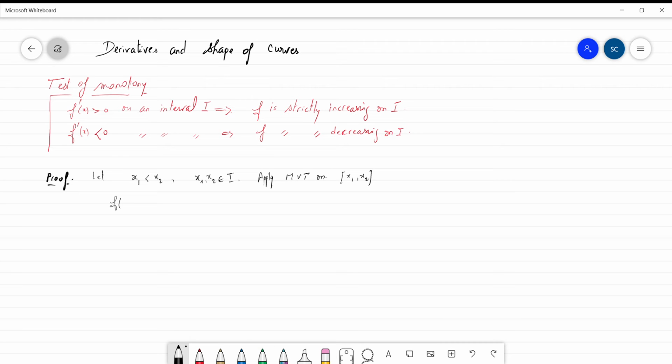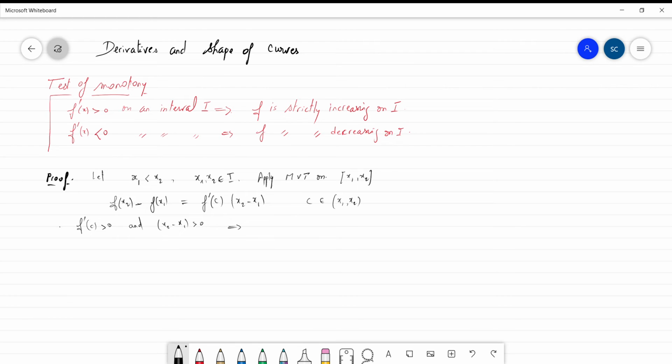So we will have f(x2) minus f(x1) equal to f prime at an intermediate point c times x2 minus x1. Now let's discuss what is happening. If we assume that the derivative is positive on the whole interval and c is inside this interval, then necessarily f prime of c is positive, and x2 minus x1 is positive.